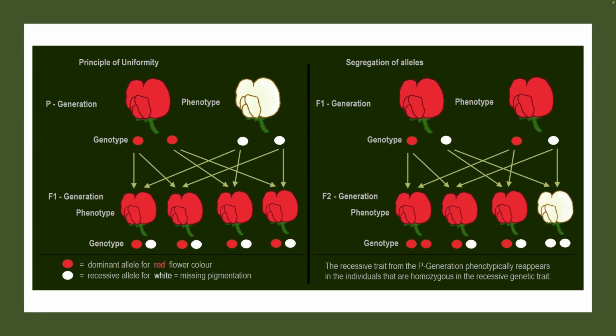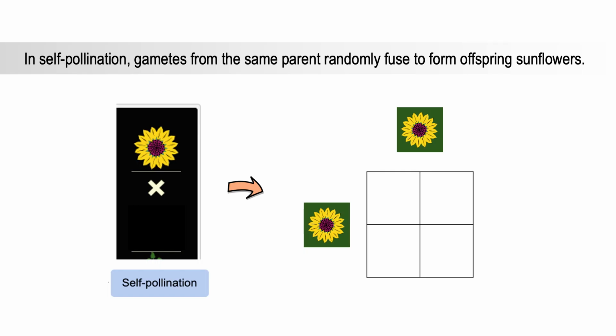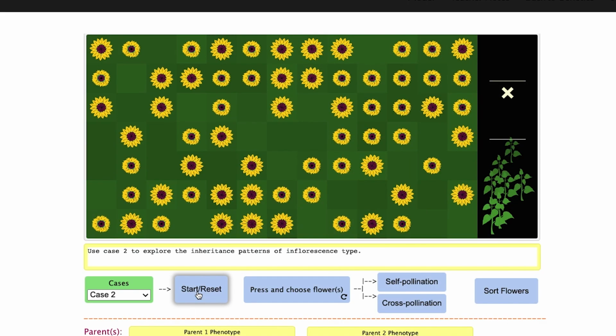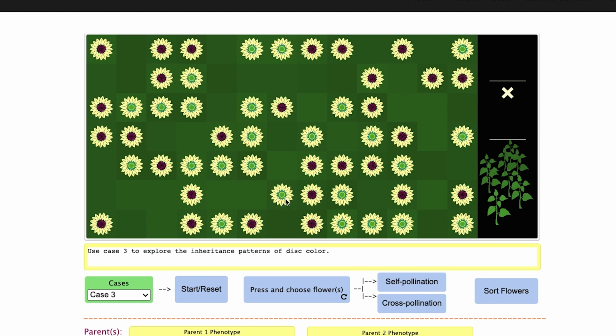Based on that, we're ready to introduce the law of segregation. We can let students apply the law to explain the data pattern in sunflowers. Later, students can apply the law of segregation to explore Case 2 and Case 3. I'll talk about how to let students do it in the next video.